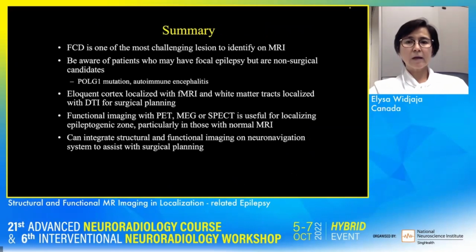So to summarize, focal cortical dysplasia is one of the most challenging lesions to identify on MRI. Please be aware that there are patients who may present with focal epilepsy, but they are non-surgical candidates, such as those with POLG1 mutation or autoimmune encephalitis.